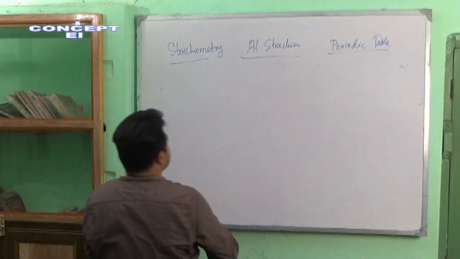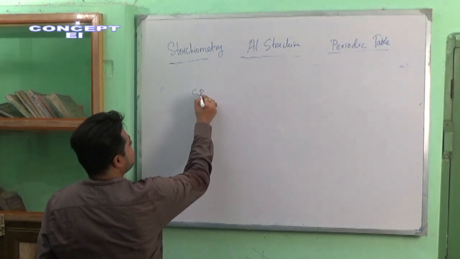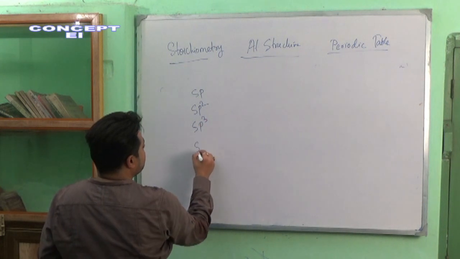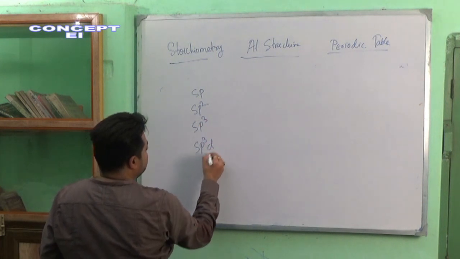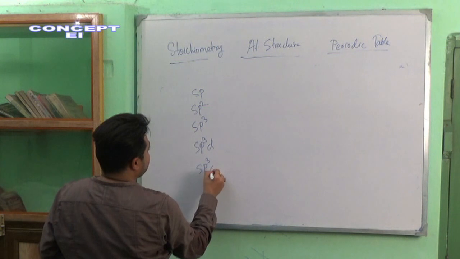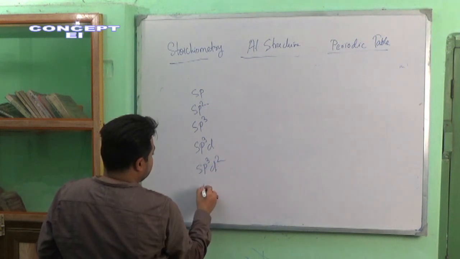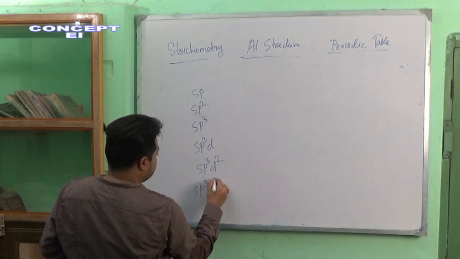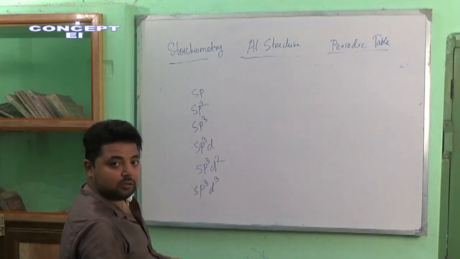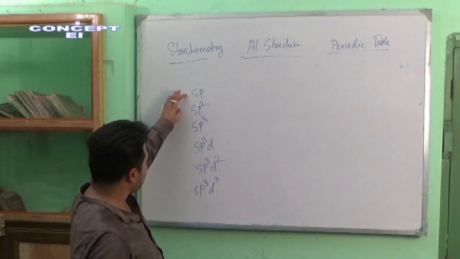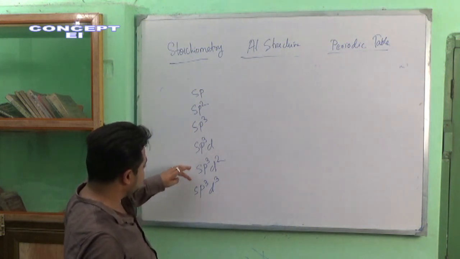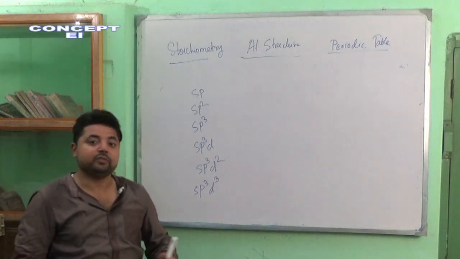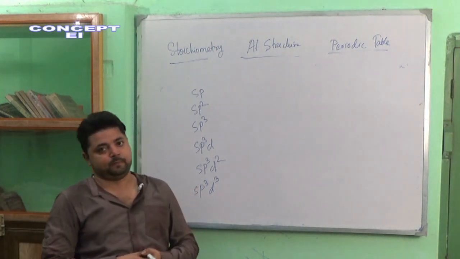In case of hybridization, there is sp, sp2, sp3, sp3d, sp3d2, sp3d3. Okay. These are 1, 2, 3, 4, 5, 6. These are the 6 types of hybridization that you will see in a covalent molecule.